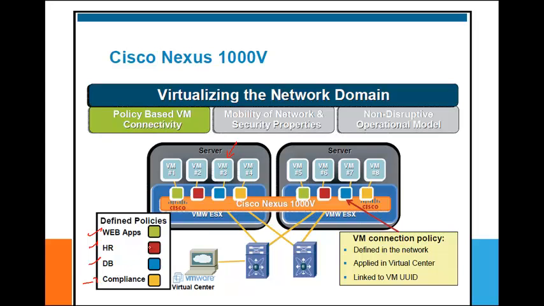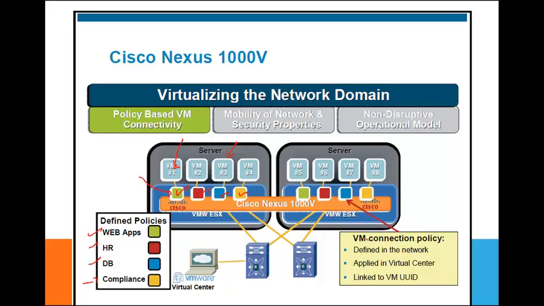So they need different treatment, different policies. Now because I have 1000V, I can see up to this level. I have visibility up to this level. I can go to this level and put the policy that is needed for the traffic that comes out from this VM. So we got policy based VM connectivity.